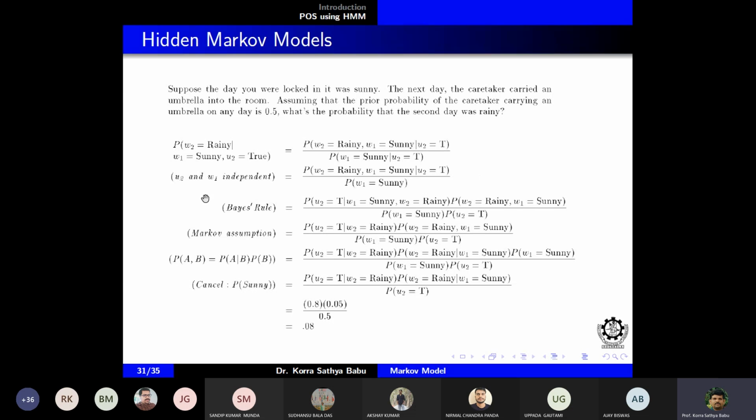And you have to remember that U2 and W1 have no connection: the probability of a person taking an umbrella on the second day and the weather on the first day.